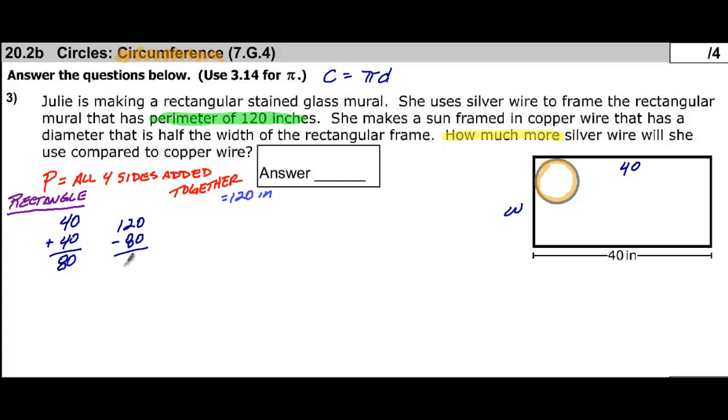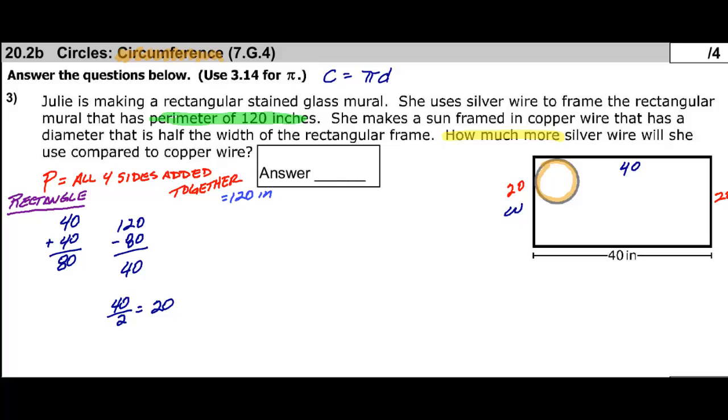Take away the 80, and that gives us 40. So this part plus this part have to be 40. Well, we know they're the same length, so we divide that 40 by 2, and we get 20. And 20 is the length of this and the length of this.